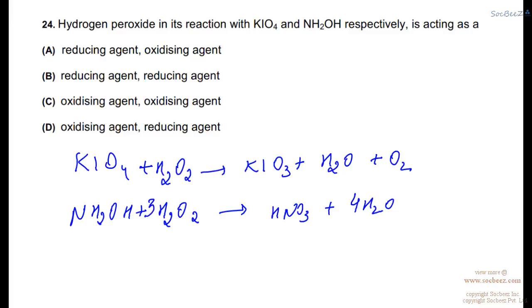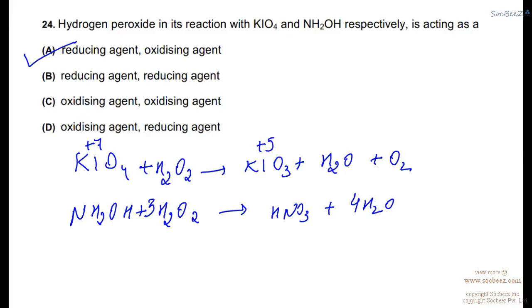So here in this first case, the hydrogen peroxide is acting as a reducing agent, and therefore either of option A or option B is correct. So now in second case, the H2O2 is acting as an oxidizing agent. So option A is the correct option. Here the oxidation state of iodine is +7, and here it is +5.